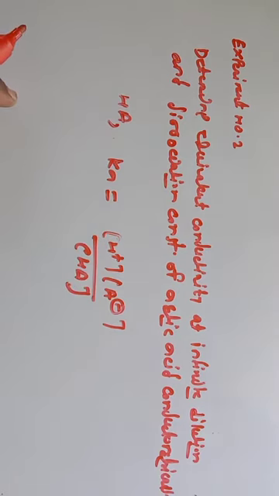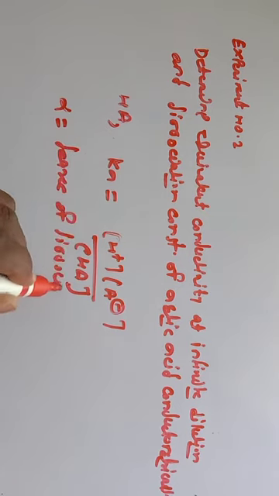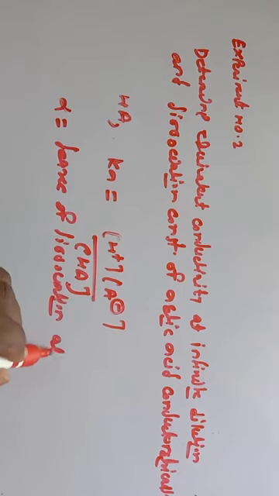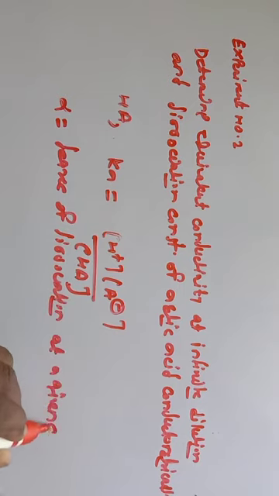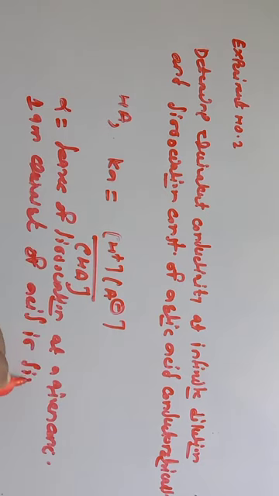So let us consider alpha is the degree of dissociation at a given concentration, and 1 gram equivalent of acid is dissolved in V liters of water.